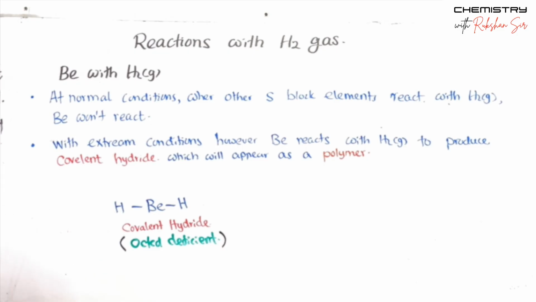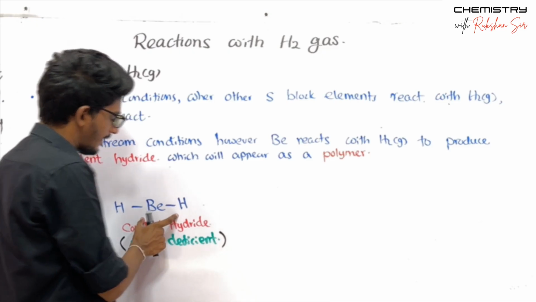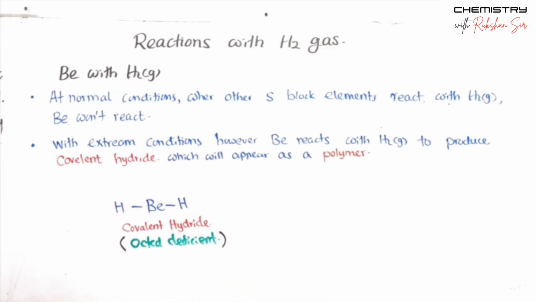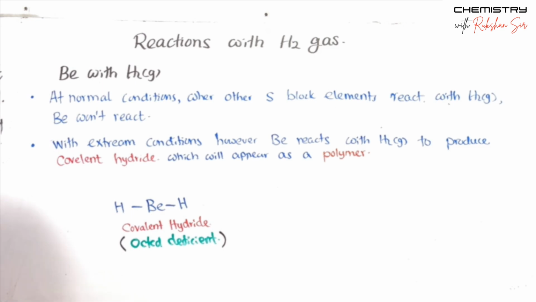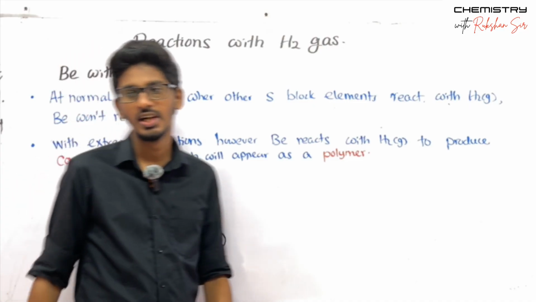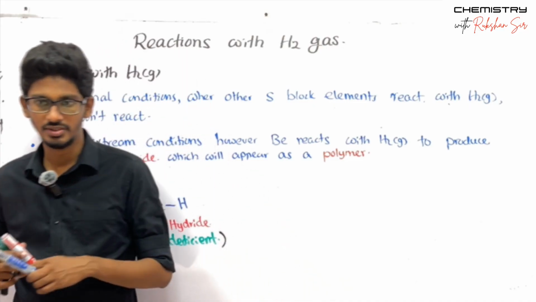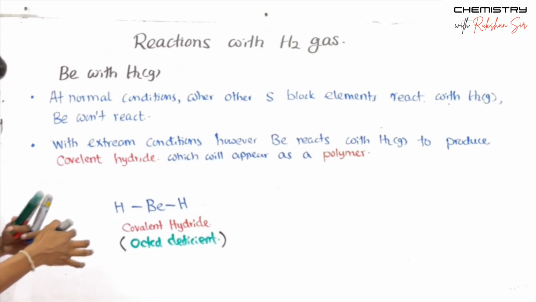But this can be formed by reacting with hydrogen in extreme conditions, not in normal conditions. A very high amount of heat as well as very high pressure is needed to produce this beryllium hydride, which is covalent and octet deficient.